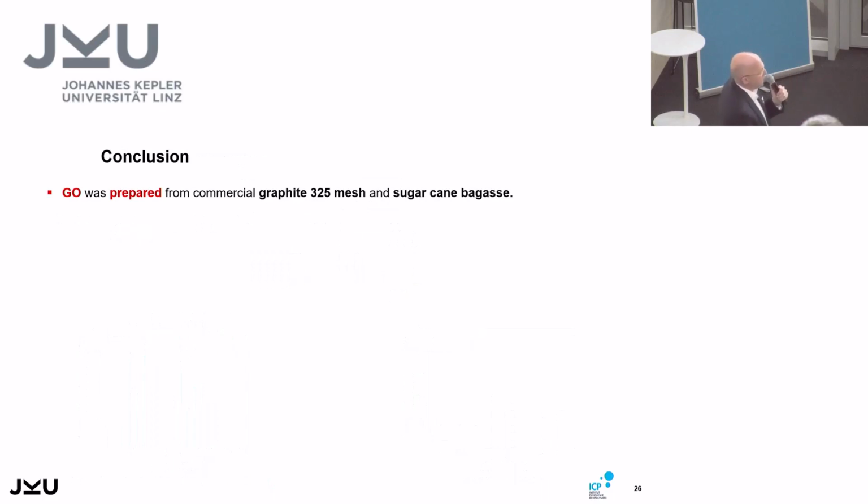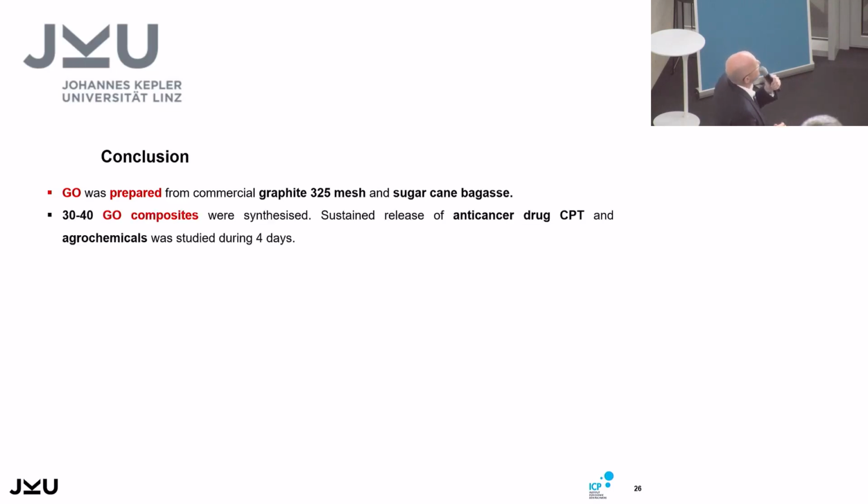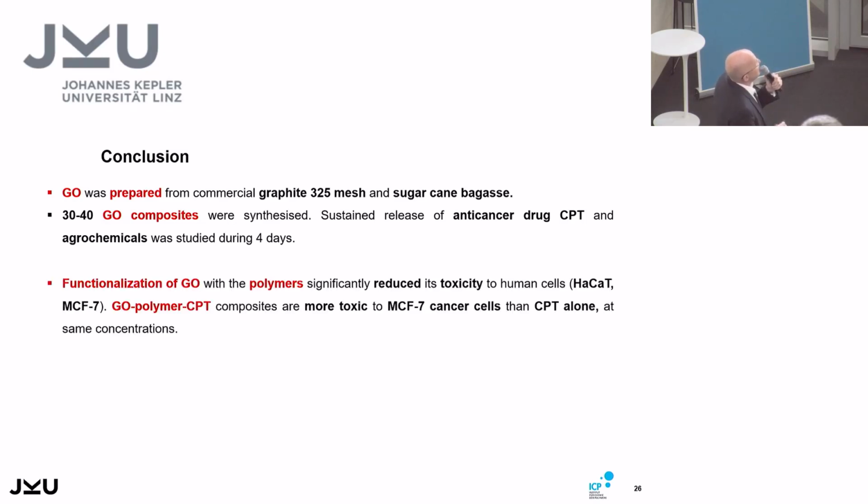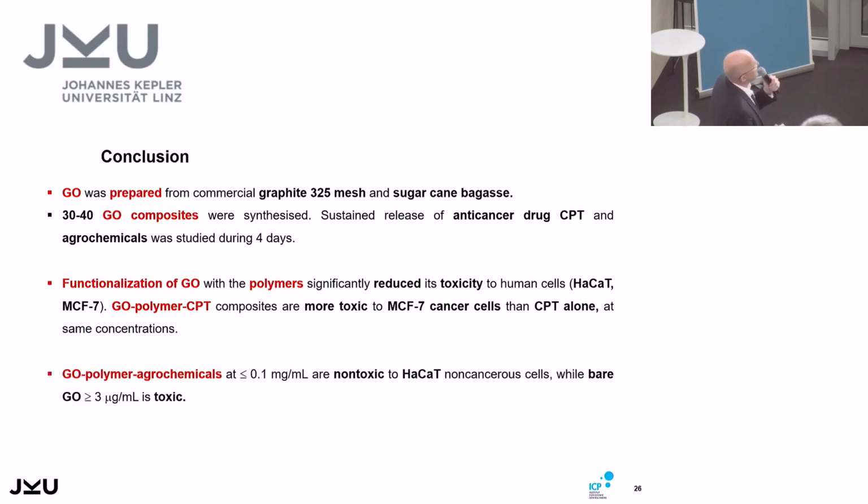So we, in these 2 years, created GO by ourselves, not only using commercial graphite, but also renewable resources, which is nowadays, for sustainable reasons, a very important factor. We created composites, different ones with CPT and agrochemicals. We functionalized the GO with polymers, and then, of course, immobilized the drugs.